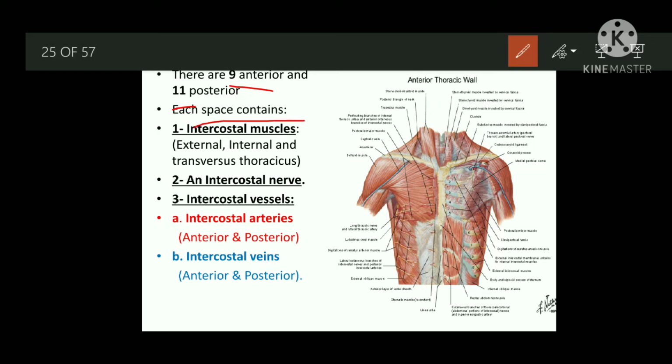Each space contains intercostal muscles, which include the external, internal and transversus thoracis, 3 layers of muscle, the intercostal nerve, and intercostal vessels, that is the intercostal artery, anterior and posterior, and the intercostal vein, anterior and posterior.